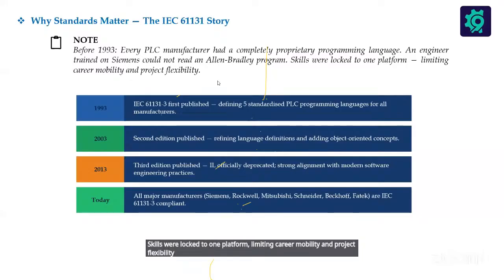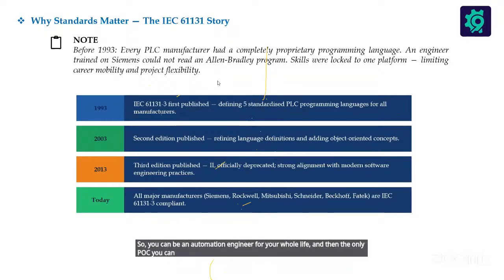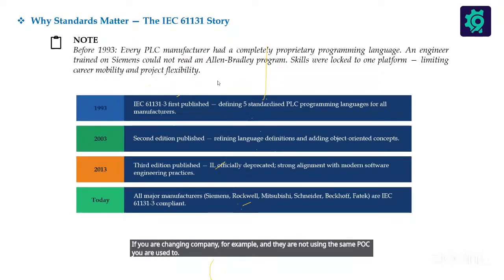You could be an automation engineer for your whole life, and the only PLC you can work with will be the one you have been working with in your previous company. So if you change company and they are not using the same PLC you are used to, you will have to begin to learn the programming language again.